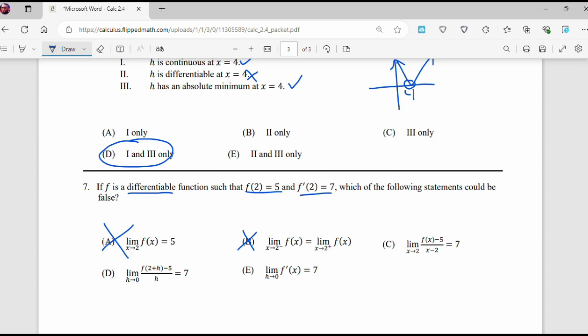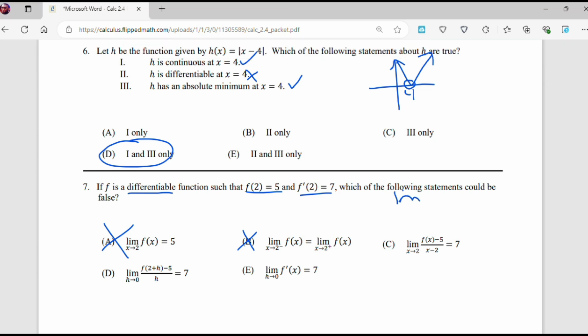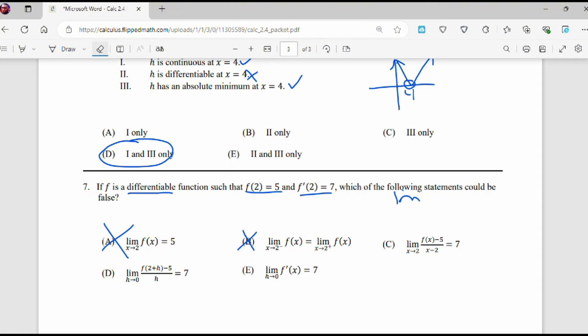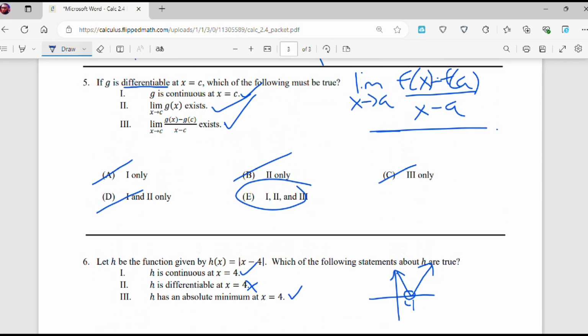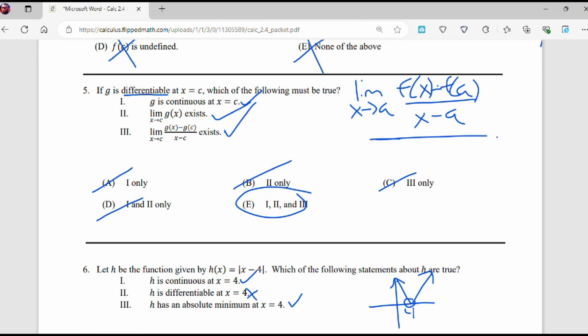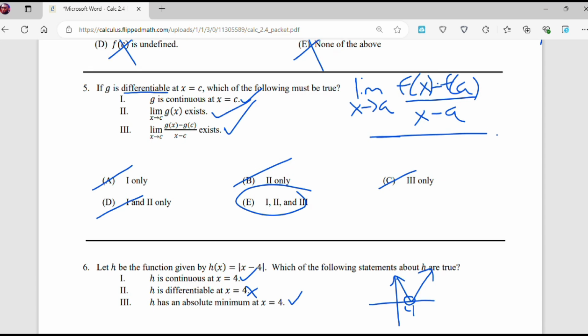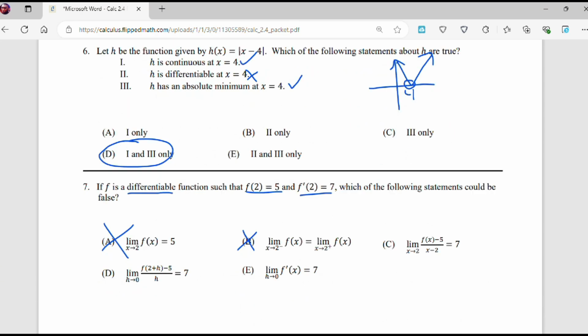Let's look at C. Limit as x approaches 2 of f of x minus 5 over x minus 2. So if we remember from the last question, or I think it was the question before that. Oh, goodness. Right here, limit of f of x minus f of a over x minus a as x approaches a.